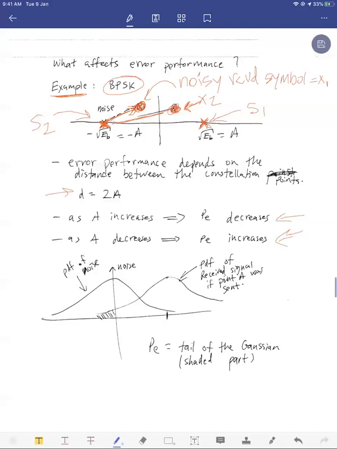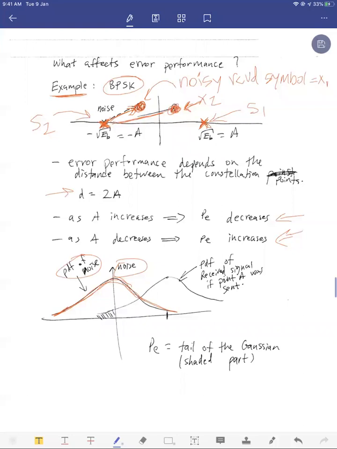My PDF of my noise looks like this. This is Gaussian noise, my version of a normal distribution. So this is the PDF of the noise.